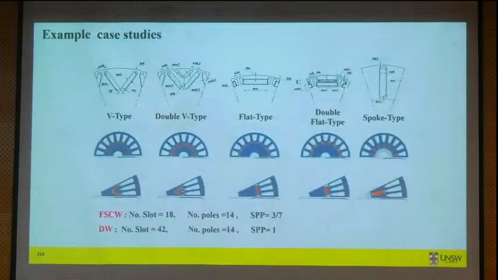So here you are seeing the same example case as I said, we did for FSCW and DW, often for different rotor topologies. Okay, V-type, double V-type, flat type, and each of these designs went through that process. Okay, it's going to take a long time, but after all this is done, you get those Pareto fronts. Okay.